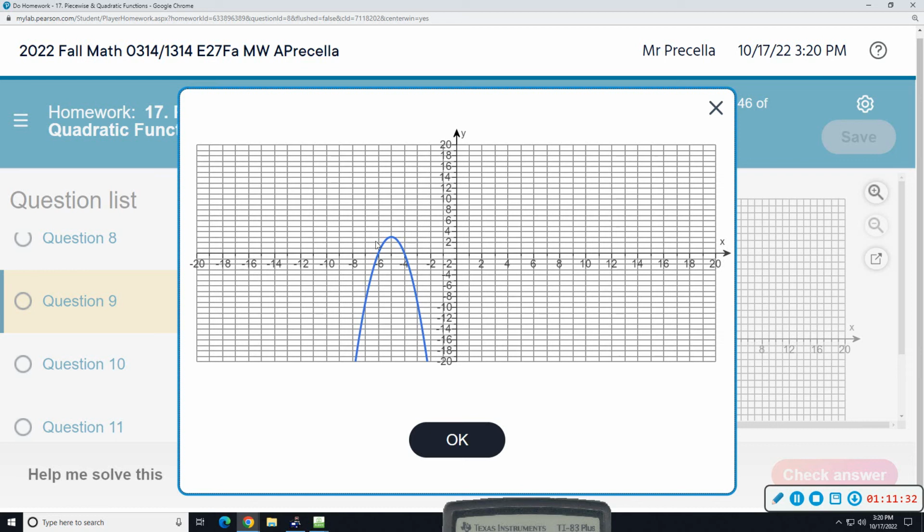Is that the high point or the low point on the graph? Maximum? What is that maximum y value? What was that y value right there at that vertex? Was it 3? That's what it looks like to me. So the biggest y value on this blue graph is 3.